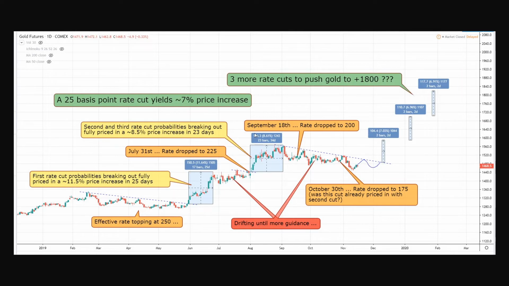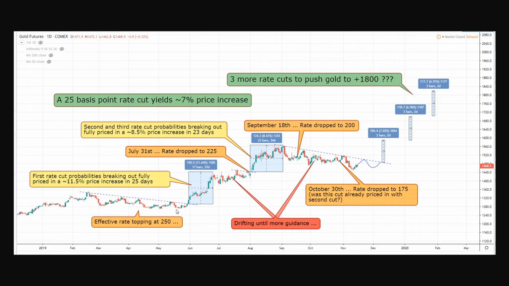Here is my final scenario, based on my observations, that rate cut probabilities breaking out are driving the price of gold. Right here, we had the actual target rate topping at 250. The price of gold was sidelined, drifting slowly sideways until it starts sniffing out that maybe we're going to start cutting.